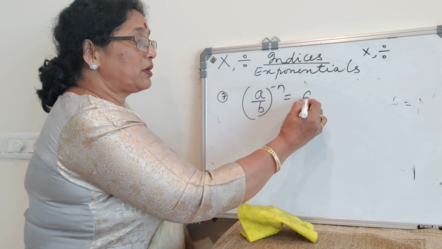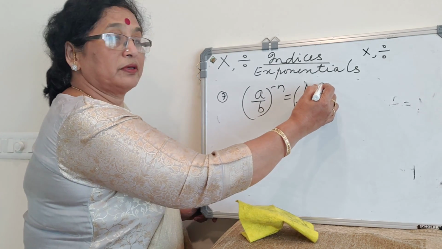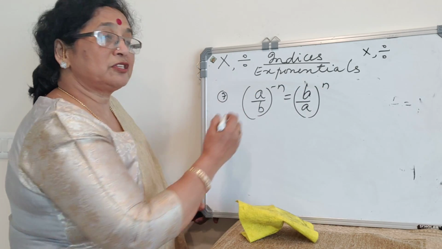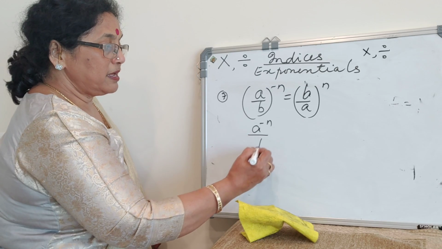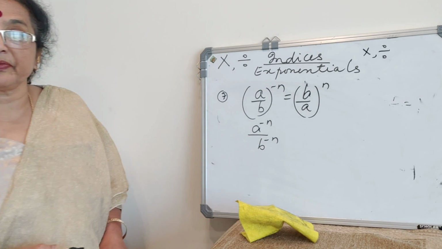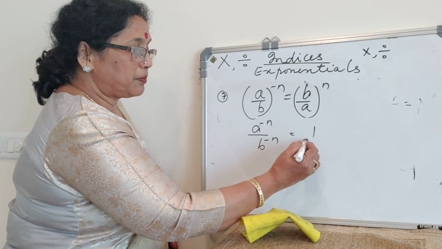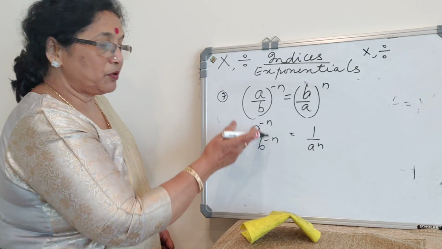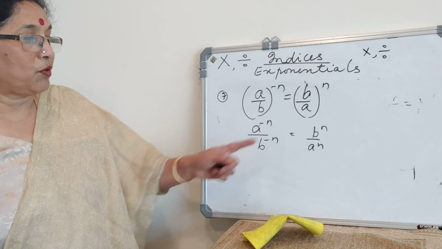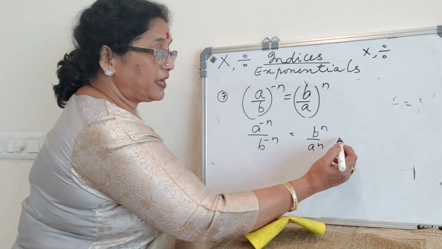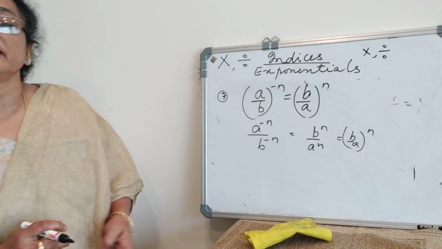So here we write b by a to the power of n, because just now I told you this is the same as a to the power minus n, b to the power minus n. And just now I said, if I make it reciprocal, it will become positive. So the reciprocal is b by a to the power of n. You can put brackets. So that's how it is.